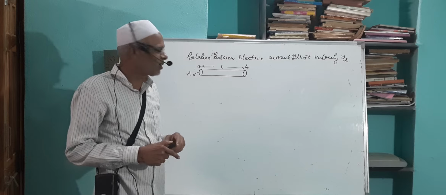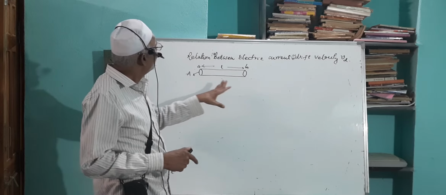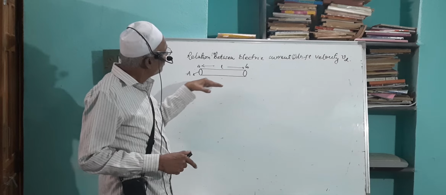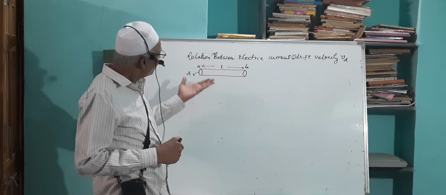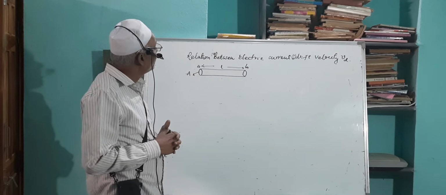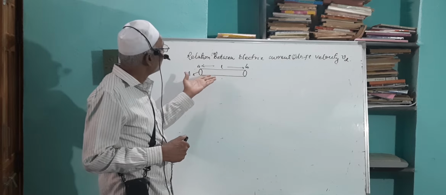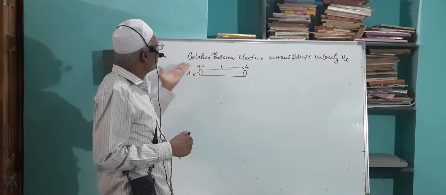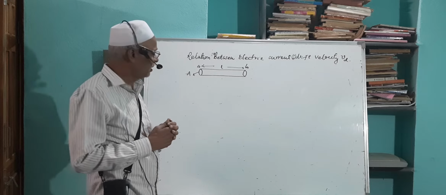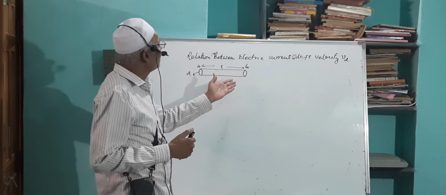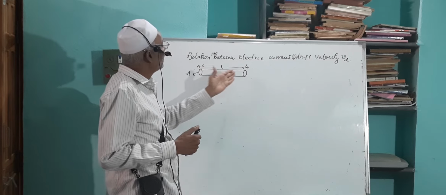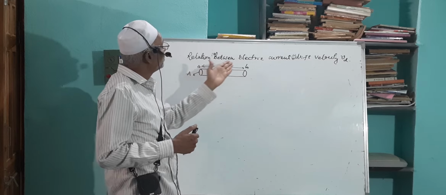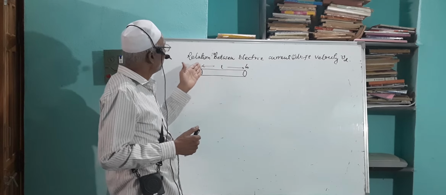Before applying the electric field, in this conductor at room temperature, the conduction electrons are moving in a zigzag manner inside the metallic conductor. Say in 1 second, 100 electrons are shifting from the B end to the A end.